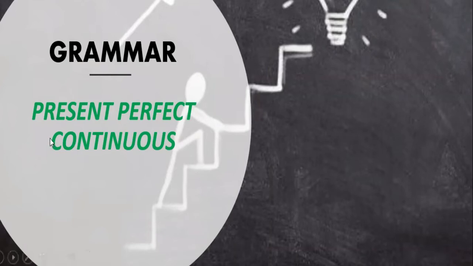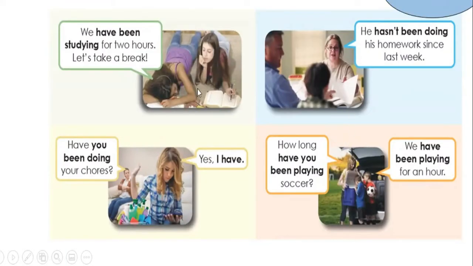Okay, so we use the present perfect continuous to talk about actions that we started in the past, but continue in the present. As you can see, they're talking about actions that they have been doing since a particular point in the past to the present, or things that they haven't been doing, yeah?